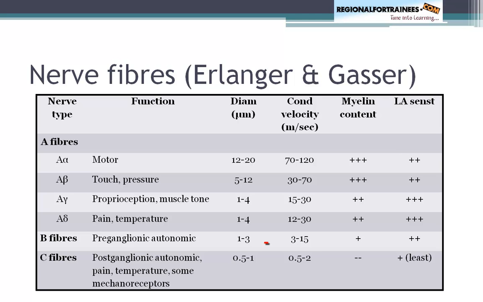The C fibers, which are the thinnest nerve fibers, also have the lowest conduction velocity, as is expected. Additionally, they also don't have any myelin content. And these are the ones which transmit pain and temperature. Sometimes they're also called the slow fibers. The B fibers are mainly autonomic preganglionic fibers, which lie intermediate between the properties of A and C.